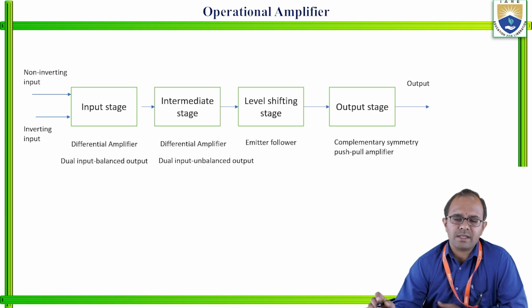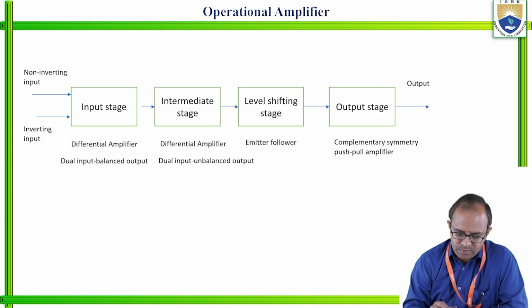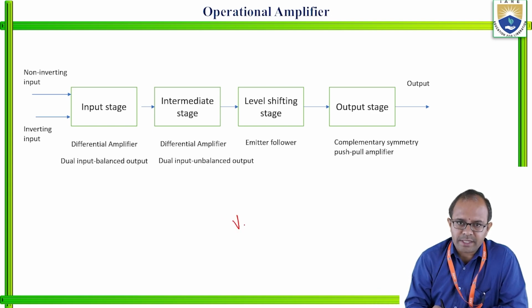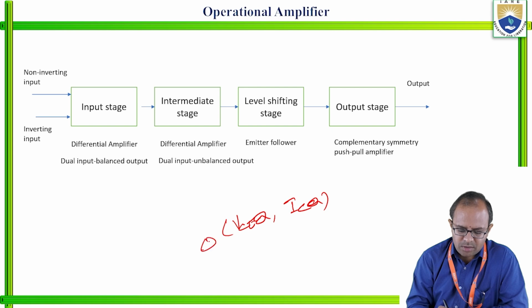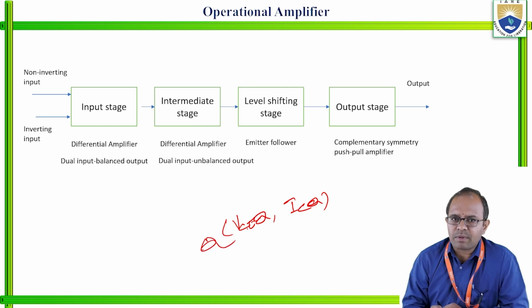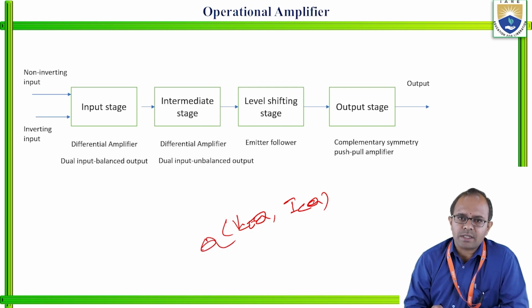Under DC analysis, we are able to fix the Q point, determining the expressions for VCEQ as well as ICQ. This will set the Q point of any amplifier, and here also we are able to find the expressions for VCEQ and ICQ under DC analysis.